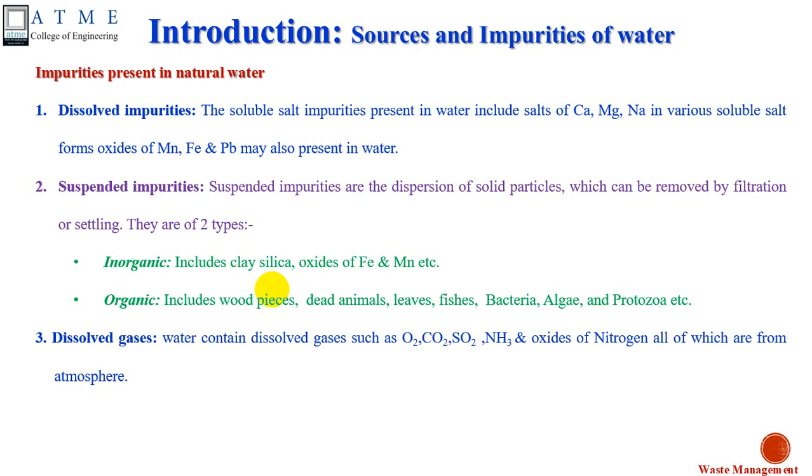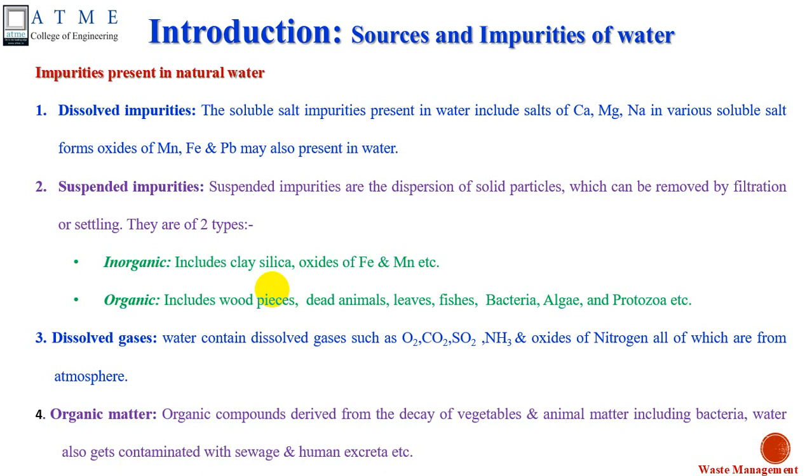Then the water also has dissolved gases in it, such as oxygen, carbon dioxide, sulfur containing gases, ammonia, oxides of nitrogen, etc. And water also has organic matter as an impurity in it, such as the decay of vegetables, animals, bacteria, etc. And also human excreta such as sewage.